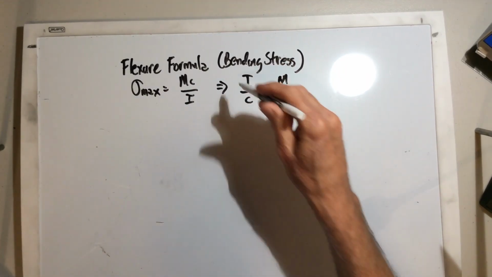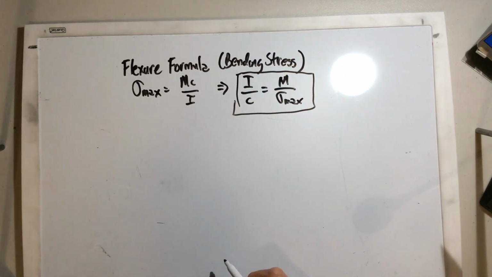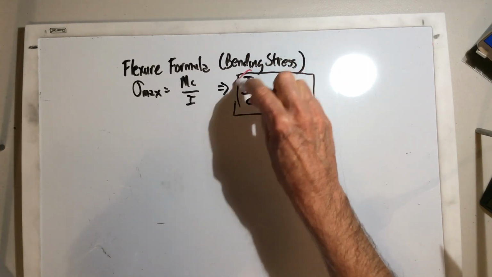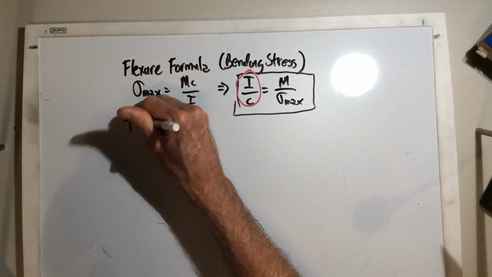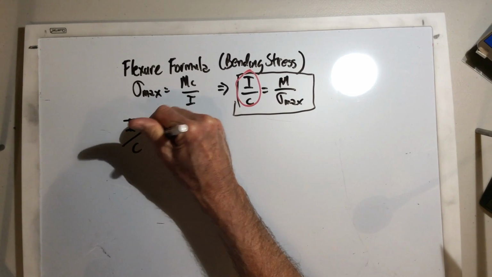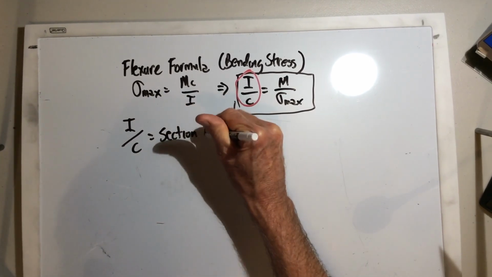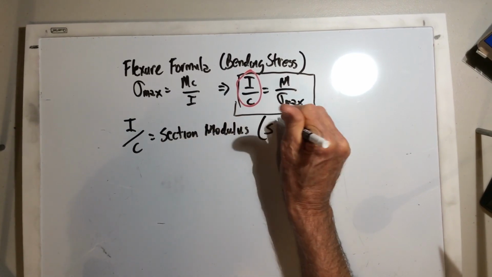Okay, so now we have that equation in this term. All right, now this is what I want to highlight. See this term right here? This term I over c is something referred to as the section modulus, and the term is S.